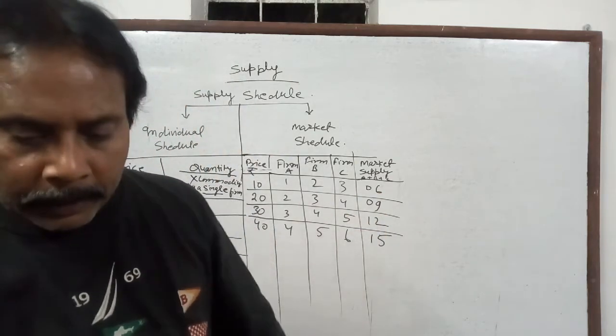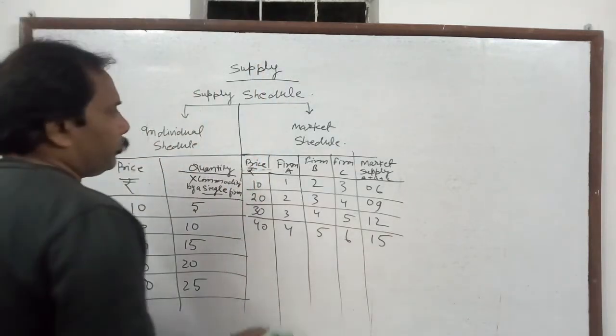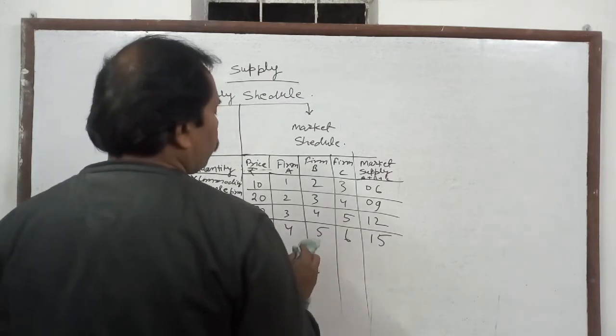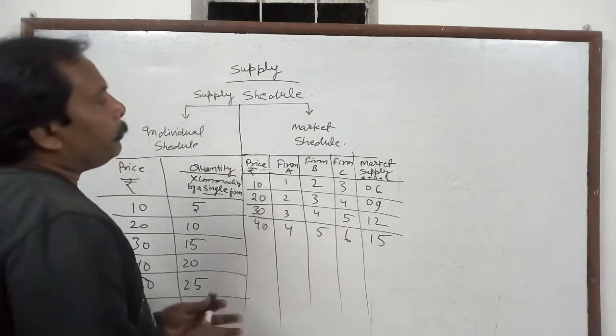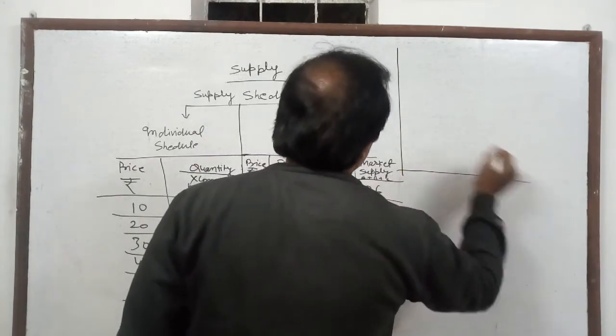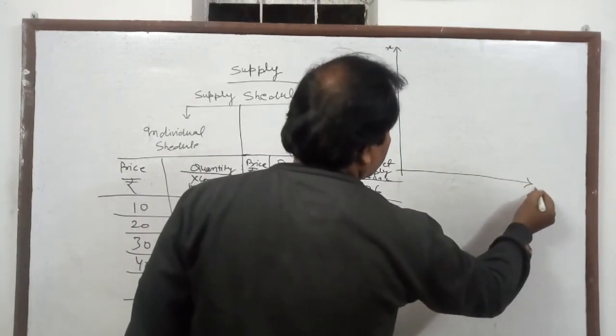Is it clear? Now come to the graphical representation. So here I am going to discuss the graphical representation. There are two axes. One is the x-axis and the other is the y-axis.